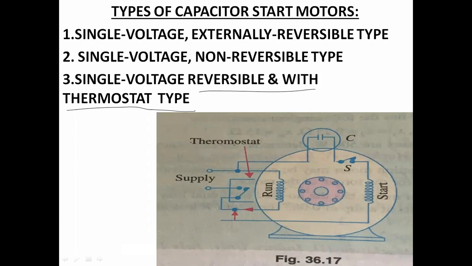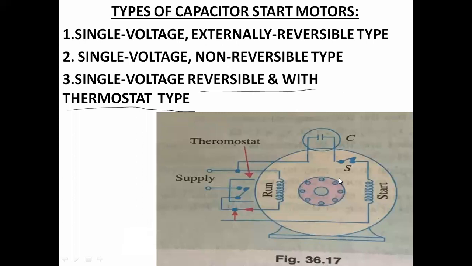Here you can see the wiring diagram of a capacitor start motor fitted with the protective device. In the wiring diagram we can see that if, for some reason, excessive current flows through the motor, it produces abnormal heating of the bimetallic strip.